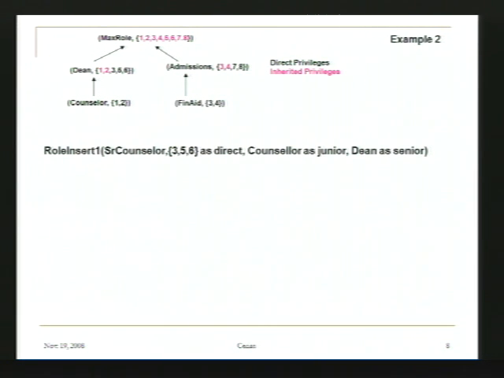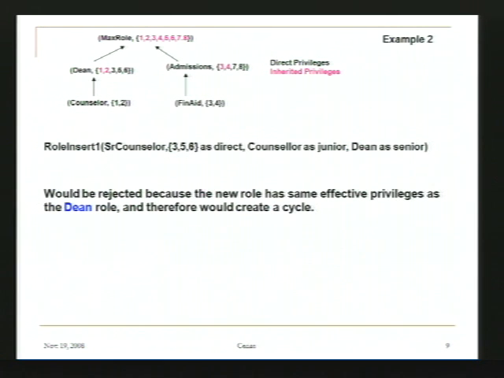Now, if we want to start with the original graph again and insert a role senior counselor with 3, 5, 6 as direct, counselor as junior, we end up inheriting 1, 2, which gives us the same privilege set as the dean. And so we would reject this operation because it creates a duplicate role. And we would be obliged to insert the edges that would create a cycle, and then it wouldn't be acyclic.